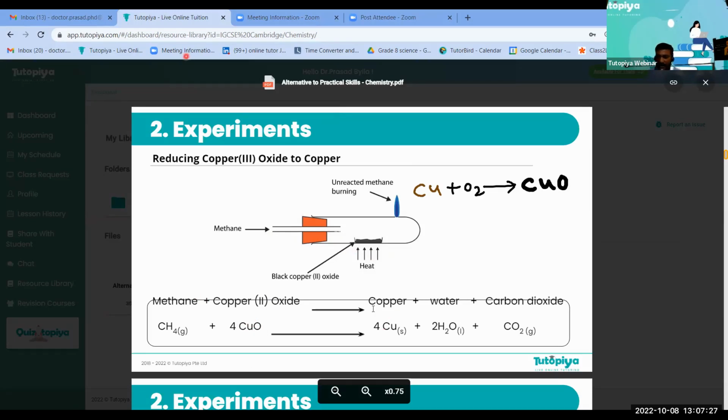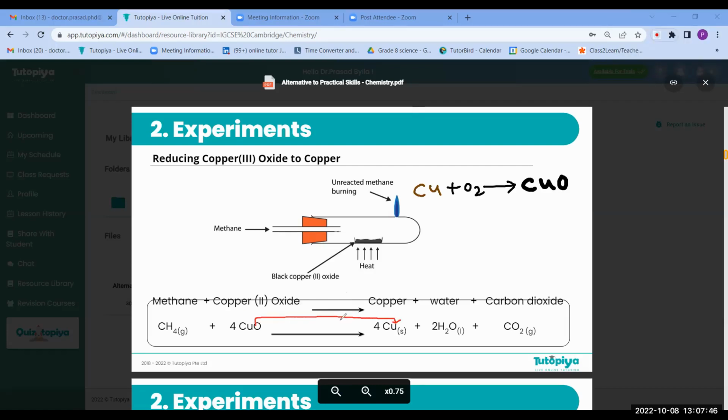Can you tell me, Ayush or Emilia, what do you mean by reduction? What is meant by reduction? Is it loss of oxygen or gain of oxygen? It is loss of oxygen. Very good.